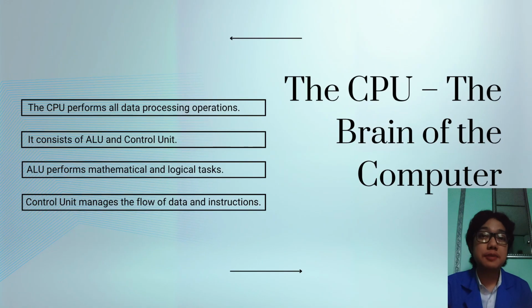The CPU performs all the calculations and instructions inside the computer. It has two main parts, the arithmetic logic unit or ALU and the control unit. The ALU handles mathematical and logical operations like adding numbers or comparing data.